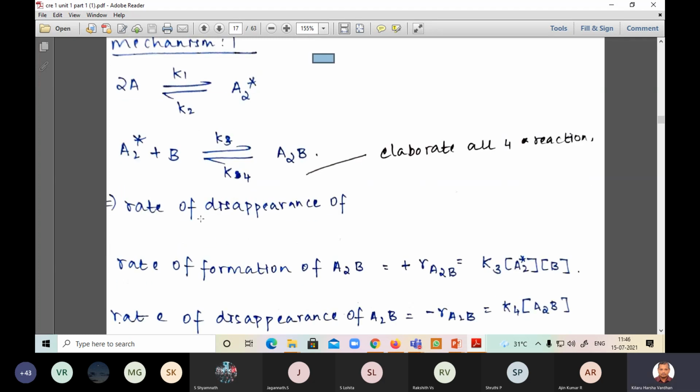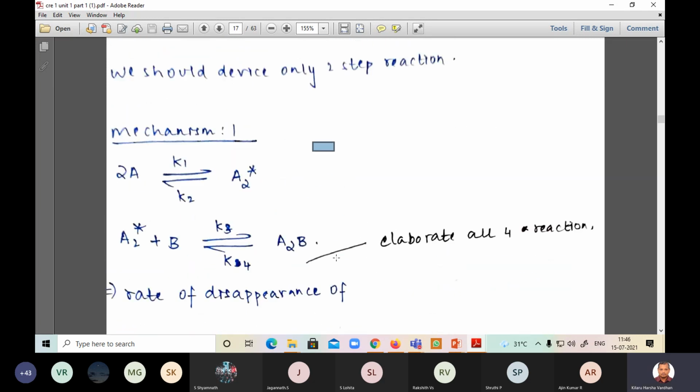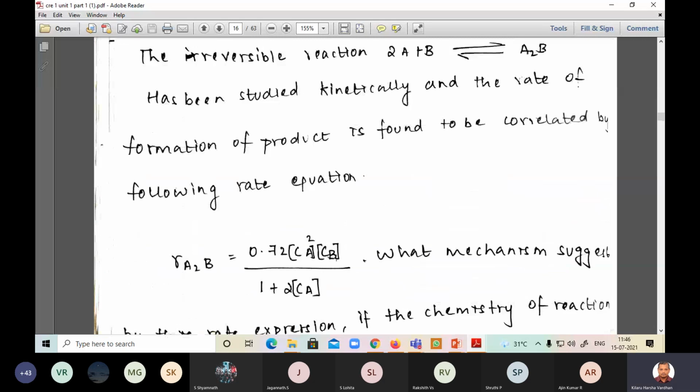Now we will write the overall rate of formation of A2B. Rate of formation, because he is asking you in the problem the rate of formation of the product.